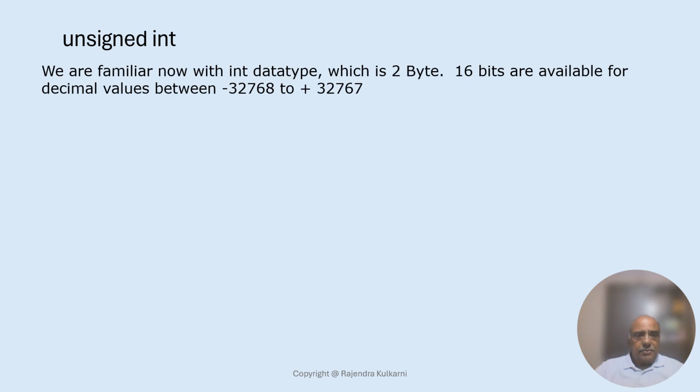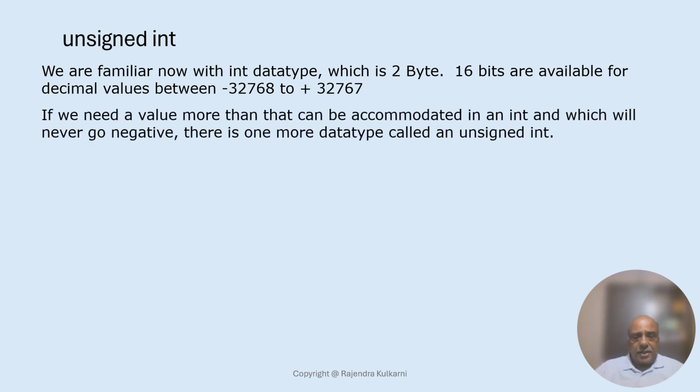Then there is another variable which is of int type, but it is unsigned int. That means we are telling the compiler that whatever variable we are declaring will not have a signed value in it. It will always be a positive value.